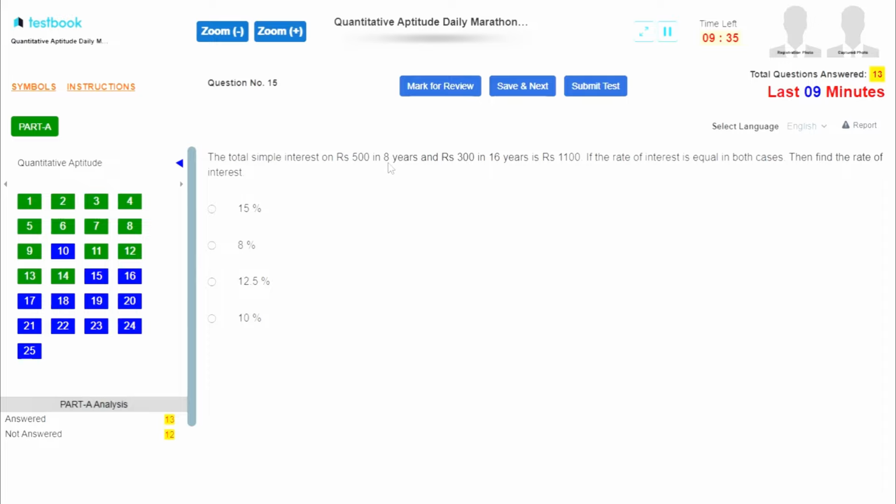It will be 40x plus 48x. It means 88x is equal to 1100. So x is 1100 by 88, 12.5%.